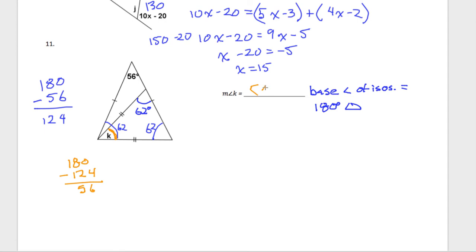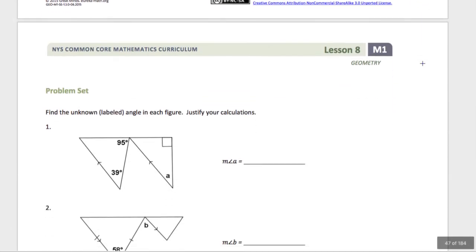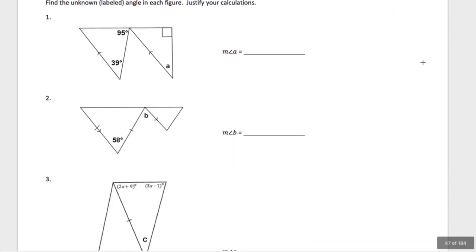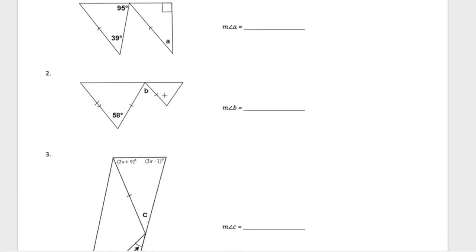So that's all of the lesson, and if you stuck around the video this long, I want to give you a few hints on the homework because some of them can be challenging. Number one, the big hint I'll give away is that this is a Z right here, so alternate interior angles. You can find this angle, which means you have this angle, which is equal to this angle plus this angle. The hint I'll give you for B is, again, it's alternate interior.